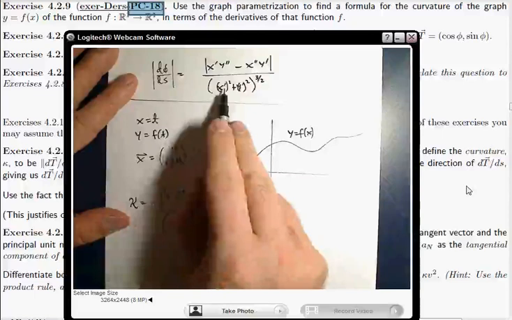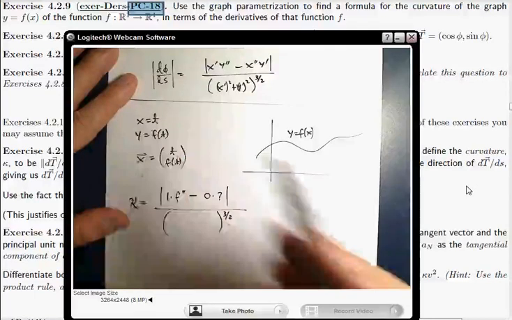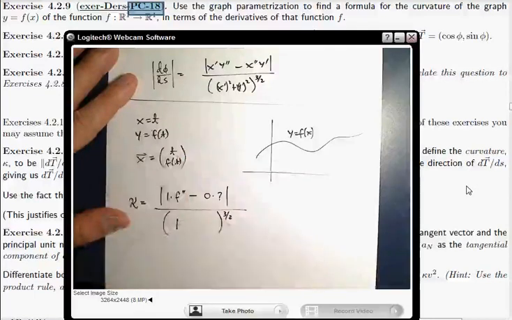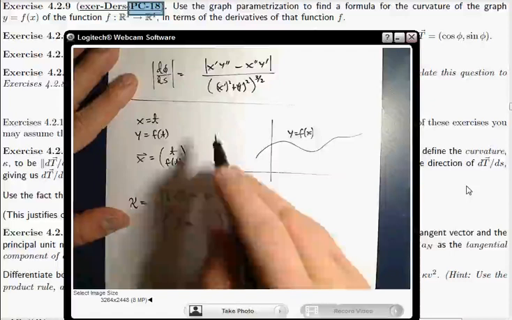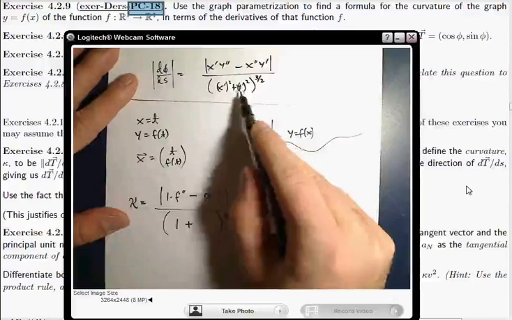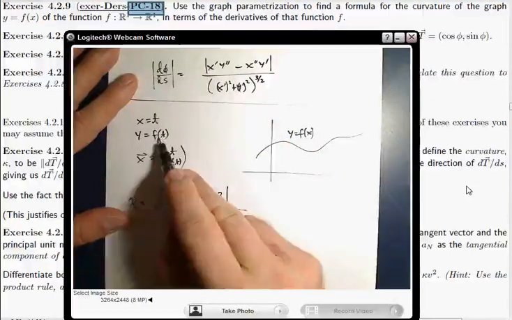Well, x prime is 1, so x prime squared is just 1, and then plus y prime squared. Well, y prime is f prime.